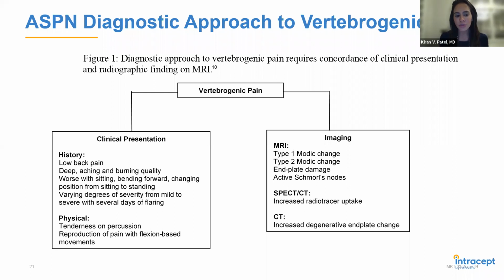Karen, I think sitting is something that has really stood out to me. You could look at all of these characteristics and they could represent other types of pain as well, whether it's facet generated pain or lumbar spinal stenosis. There are characteristics that become difficult to pull apart from one another.